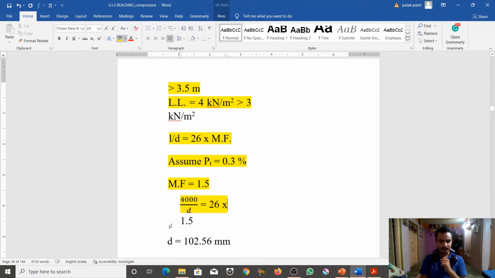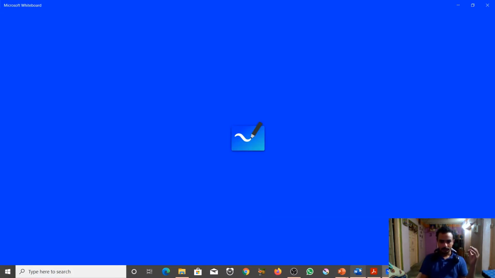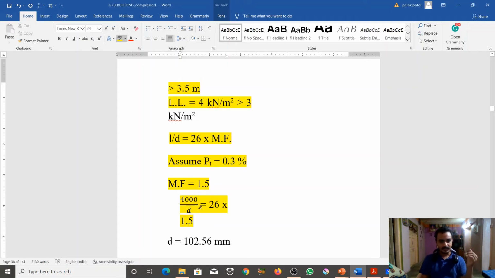Then length by depth, the same equation is here. 4000 divided by effective depth is equal to 26 into MF.